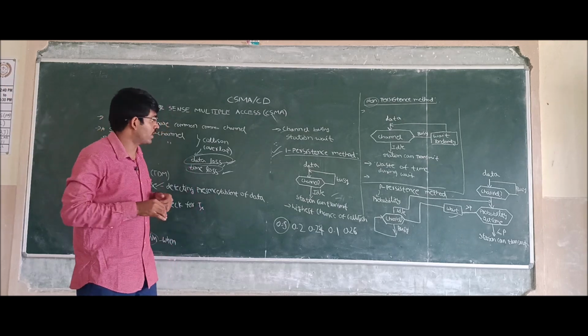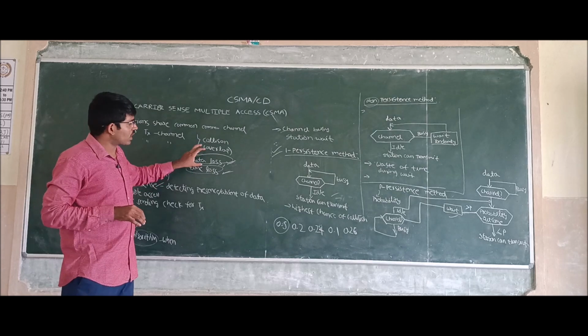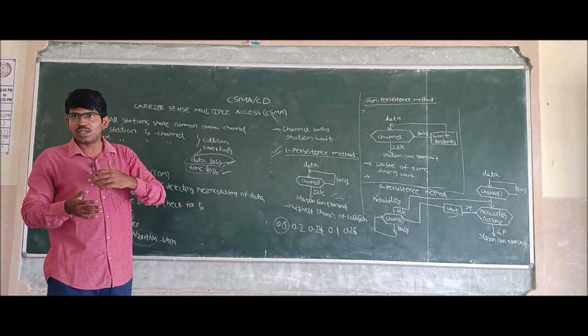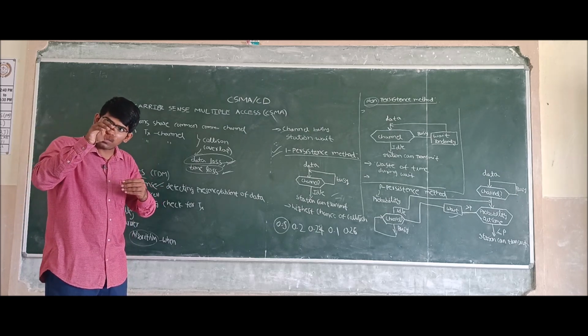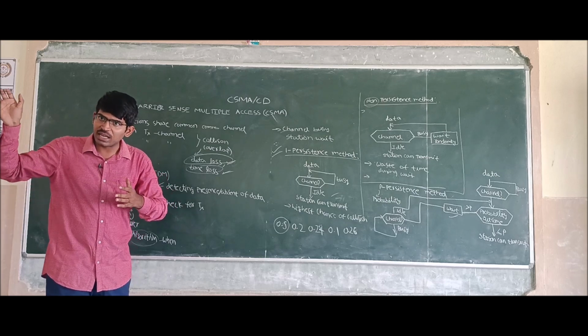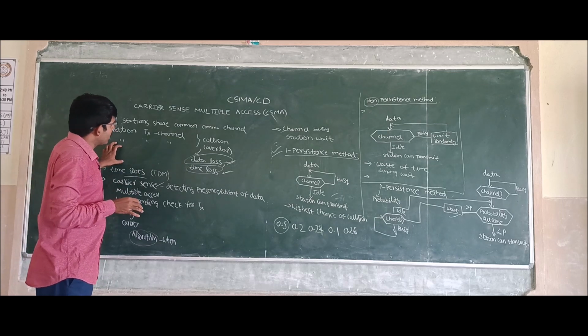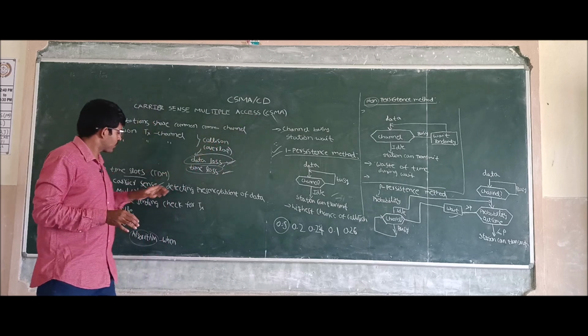What we call a collision is nothing but an overlap of data. We are sending data in the same bandwidth of the channel, and another station's data is also sent. To avoid that, we are using carrier sense multiple access.